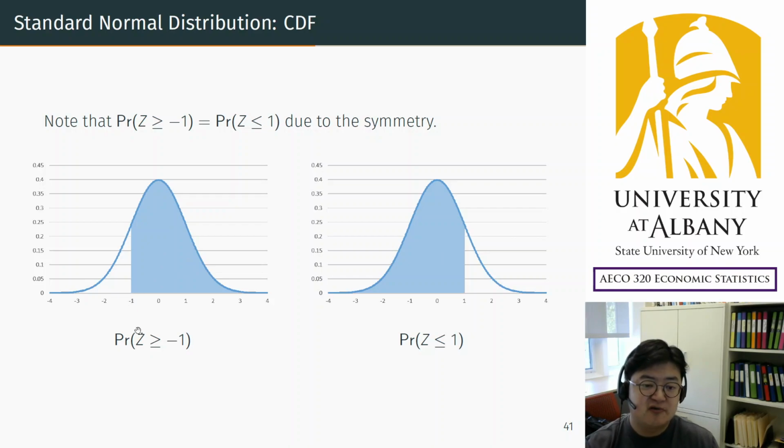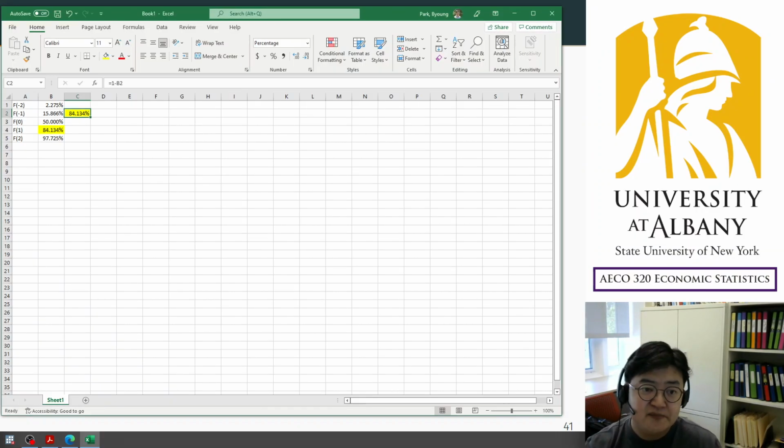So probability greater than -1 is the area here. If you exactly flip it as a mirror image, then you are going to get this one, which is probability up to 1, below 1. So instead of calculating this one, you can calculate this one. Main point here is that Excel gives you only the probability smaller than something, right?